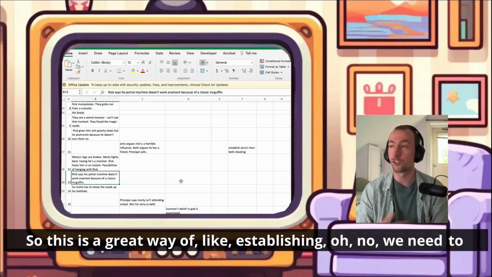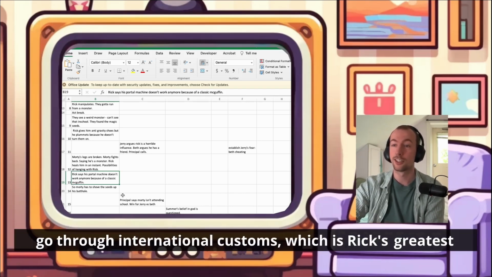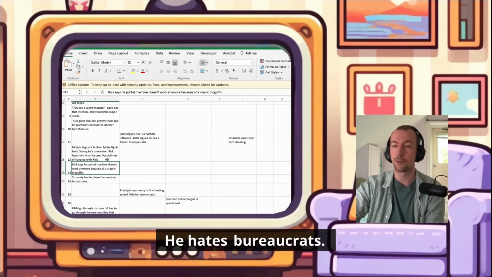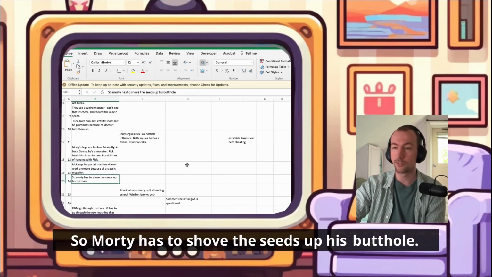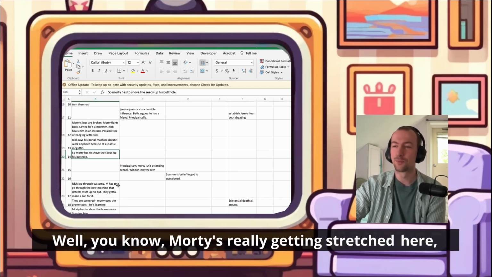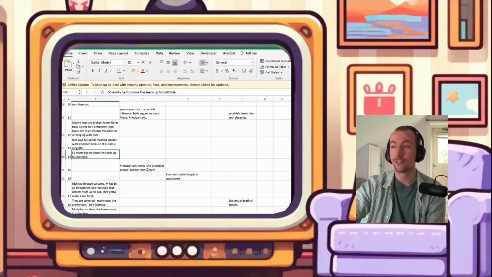End of story, right? So this is a great way of establishing, oh no, we need to go through international customs, which is Rick's greatest enemy. He hates bureaucrats. So Morty has to shove the seeds up his butthole. Is it still educational? Well, Morty's really getting stretched here, literally.